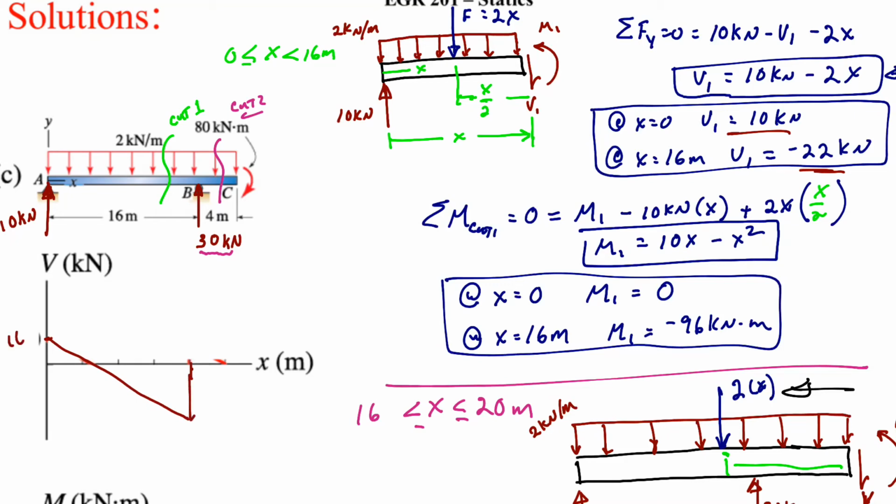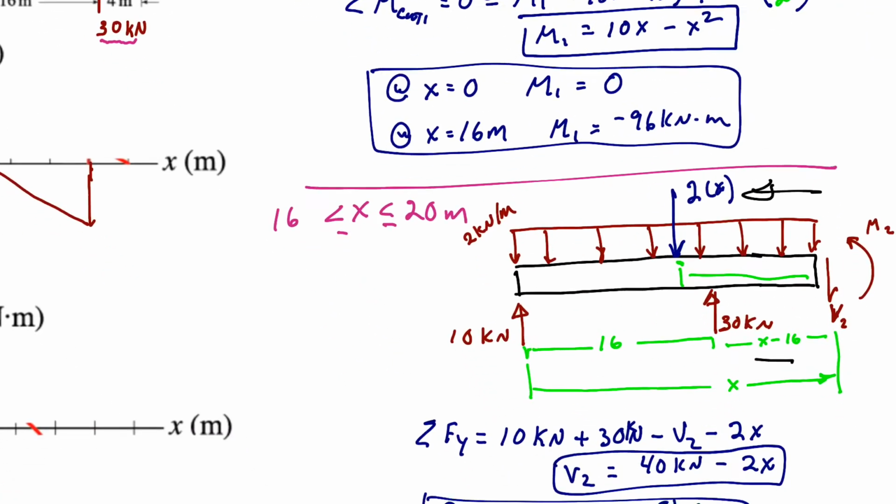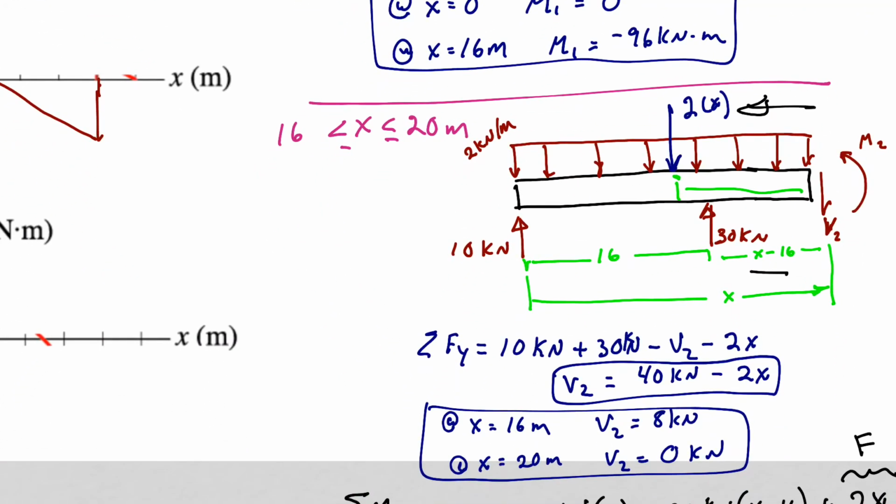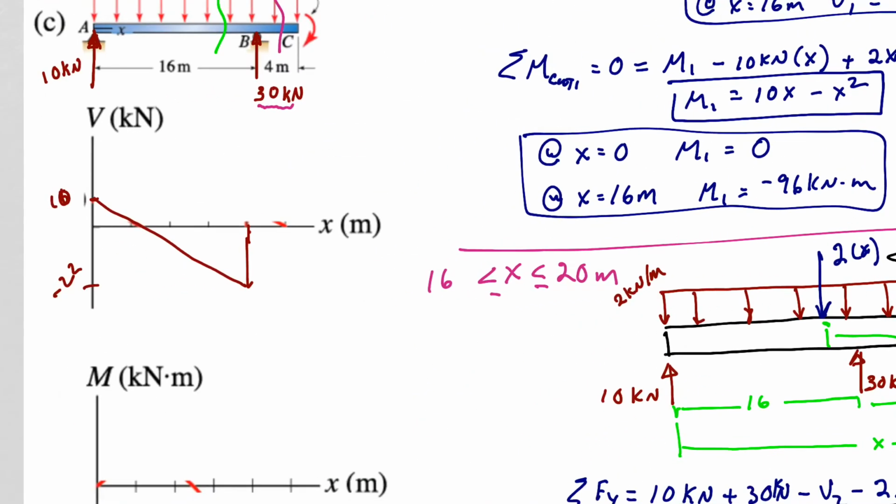This is 10, and this is a minus 22 kilonewtons. And then if we look at the second part, it jumps up to 8. It's discontinuous, jumps up to 8, and ends at 0. So this is 8.